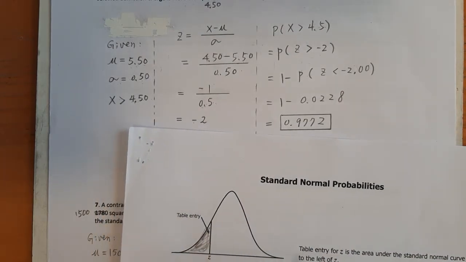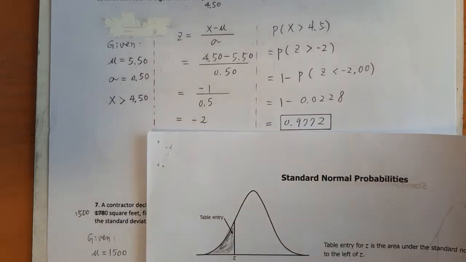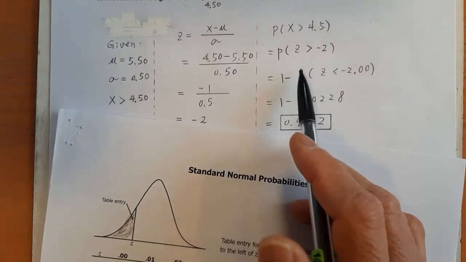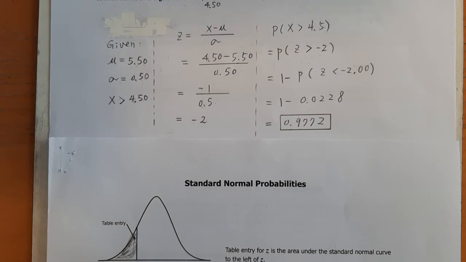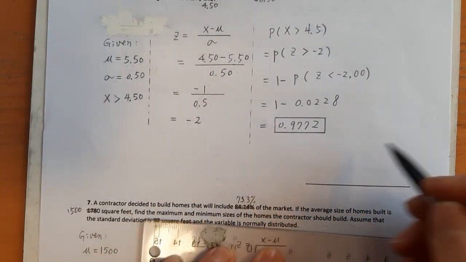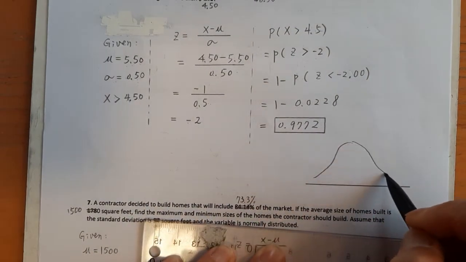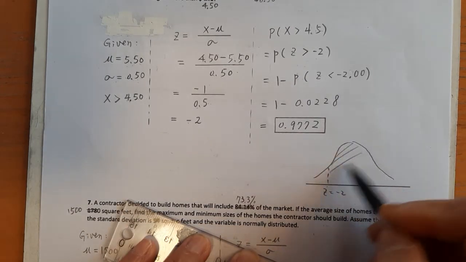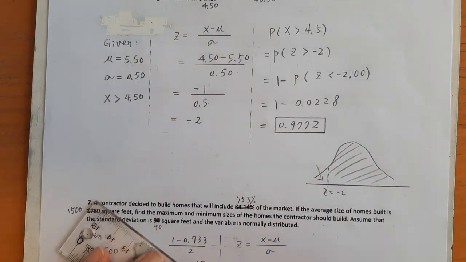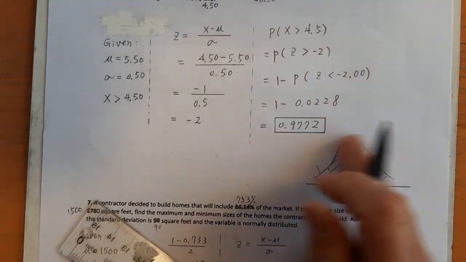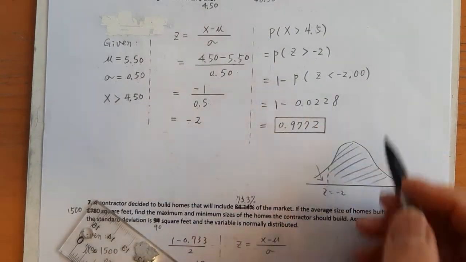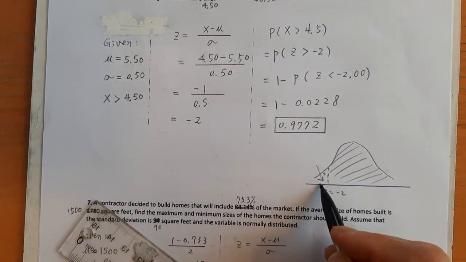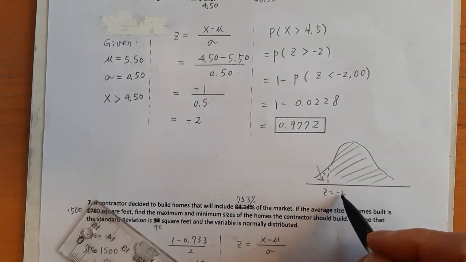Greater than negative 2 is to the right of negative 2. We're looking for this probability, but the table only gives this probability. So it's the entire probability on the curve, 1 minus this one. This one is the probability of Z less than negative 2.